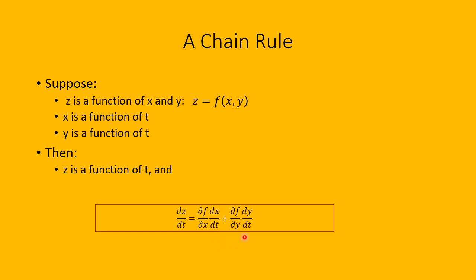So in this formula, we have ordinary derivatives with respect to that variable t. F, on the other hand, is a function of x and y. So when we talk about the derivative of f with respect to x, that is a partial derivative. Also here, we have the partial derivative of f with respect to y.